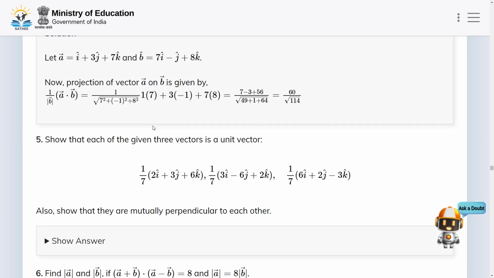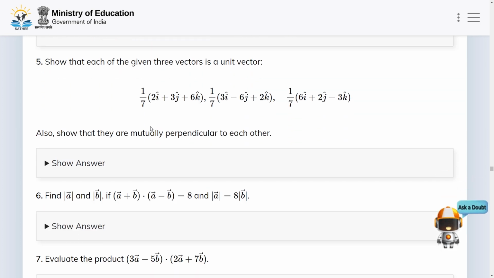Now fifth problem. Show that each of the given three vectors is a unit vector. Also show that they are mutually perpendicular to each other. So what you have to show? That the given three vectors are all unit vectors and they are mutually perpendicular.